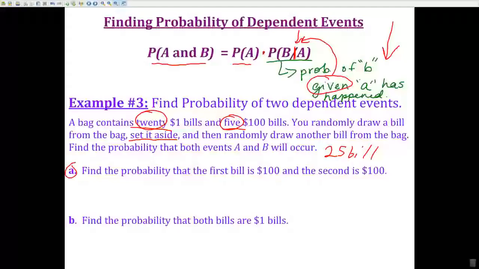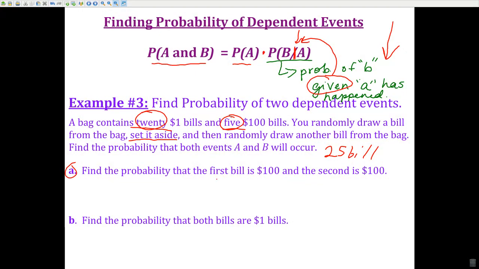How many bills is the first occurrence going to happen? Probability of A. What's going to be that? Well, if there's only 5 bills that are $100, you have a 5 of 25 chance that the first one's going to be a $100 bill.